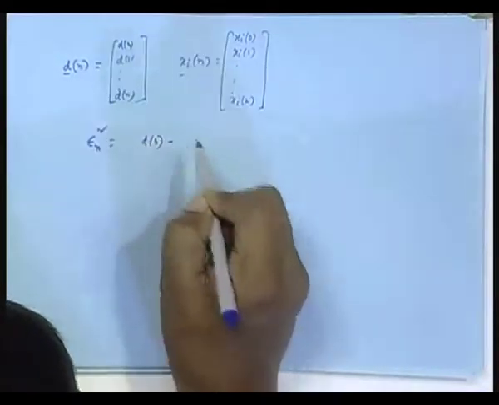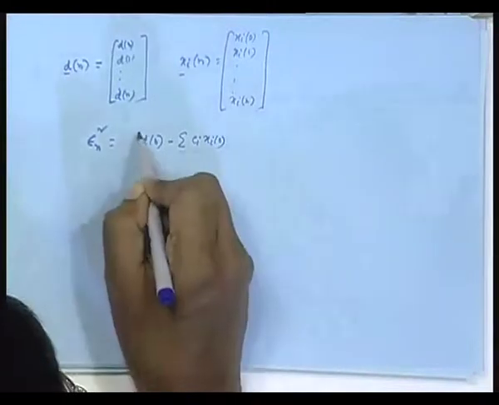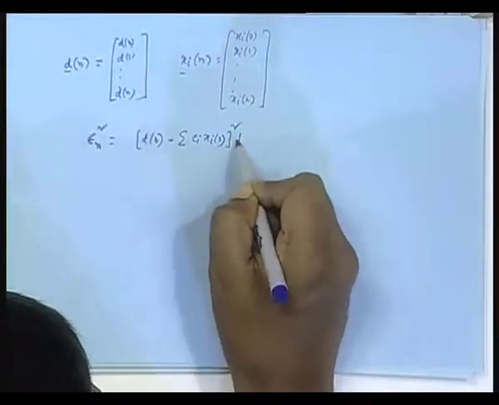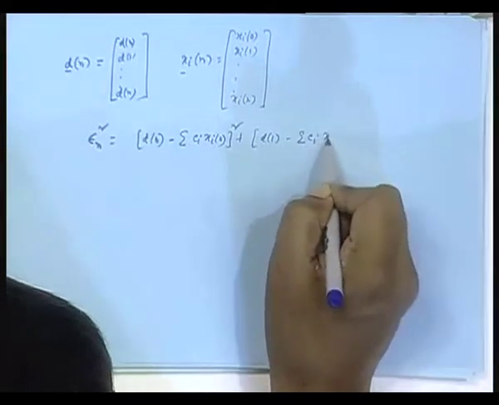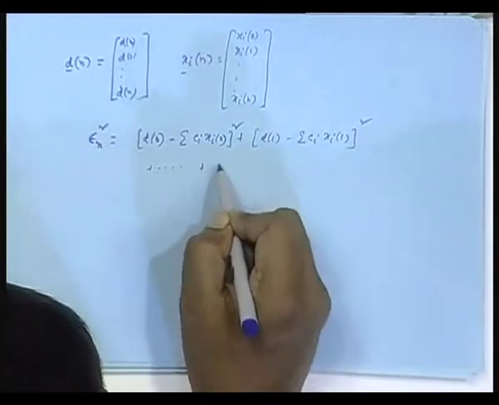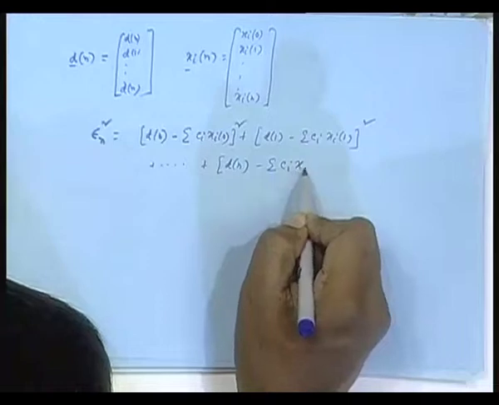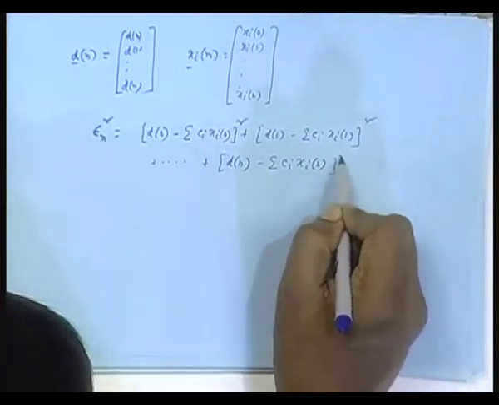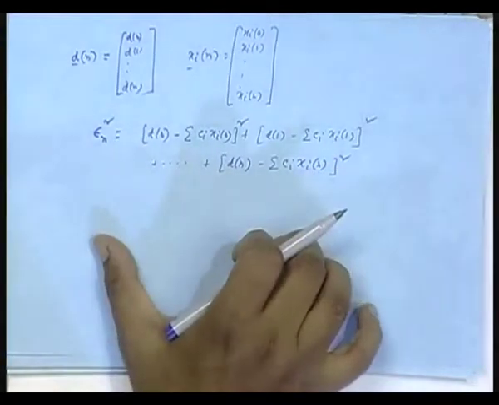First take the error at the 0th index, d0 minus sum of ci xi0, this error square, then d1 minus sum of ci xi1 square, plus dot dot dot plus dn minus sum of ci xin square. Then you should divide by the total number of terms.